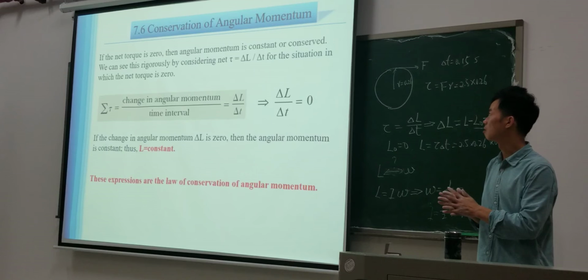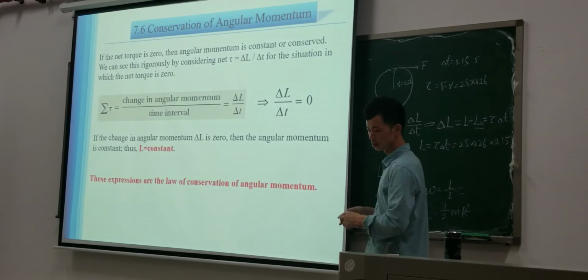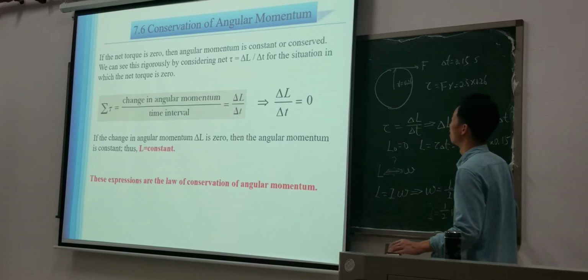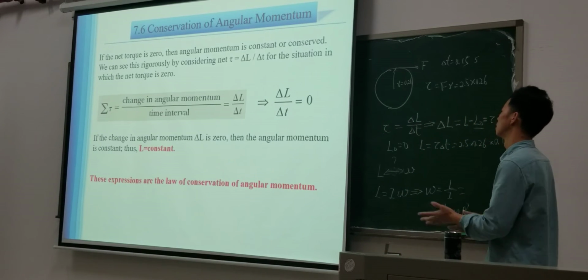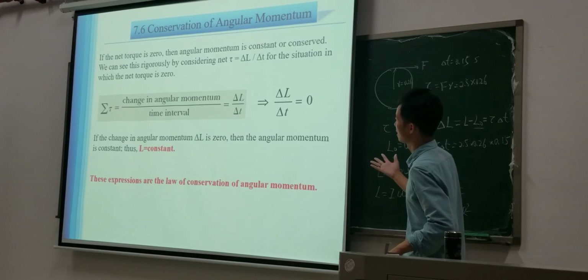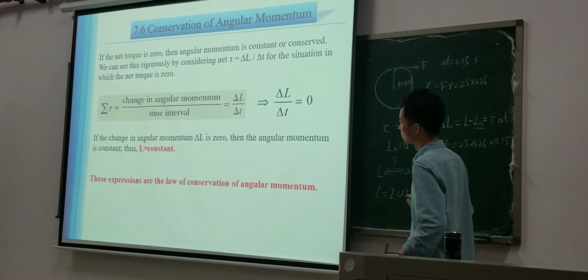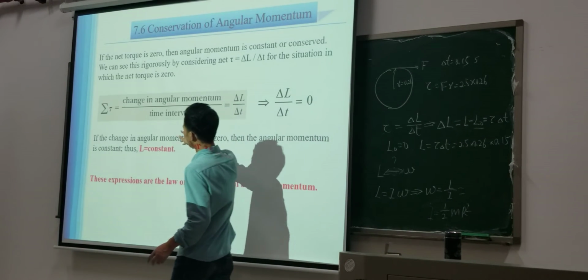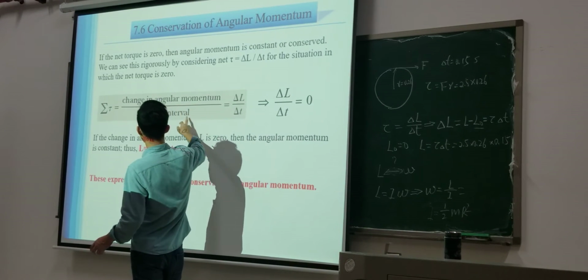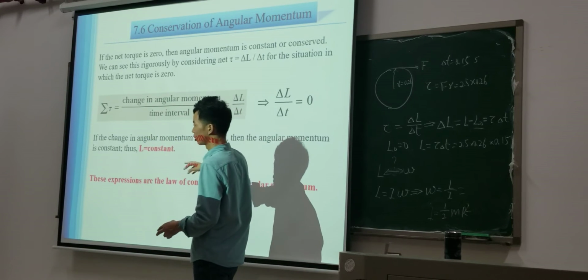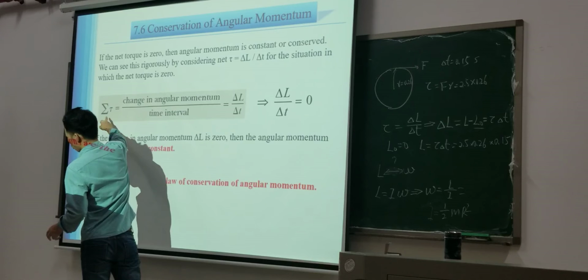Now we look at the conservation of angular momentum. We have studied the conservation of linear momentum. In rotational motion, we also have this conservation law. The change in angular momentum over the time interval, delta L over delta T, is equal to the net torque.